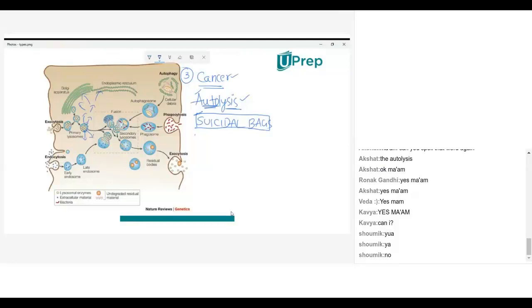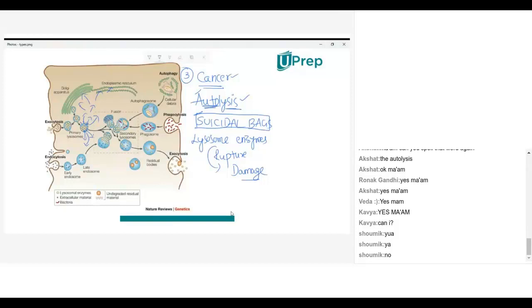The process where the lysosome enzymes come out of the lysosomes by rupture of the membrane of the lysosome, and they damage the cell. When it gets ruptured, the enzymes will come out and they will damage the cell organelles.